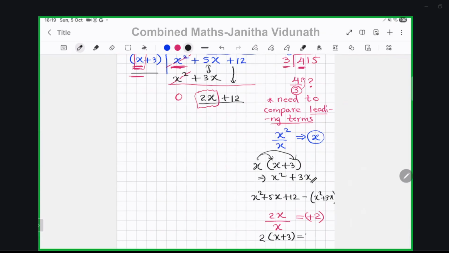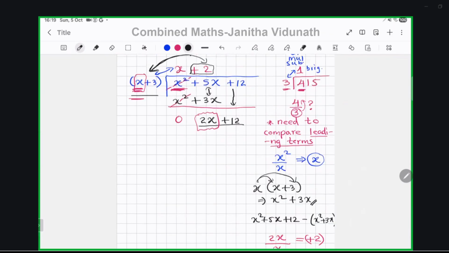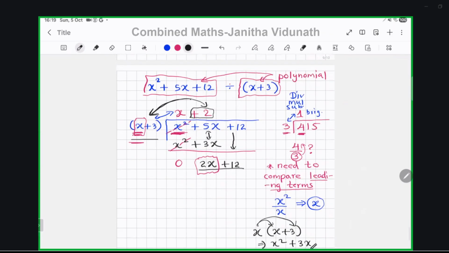That means we get 2x plus 6. Similarly, here plus 2 times x is 2x, and plus 2 times plus 3 is plus 6. Then we need to subtract those two terms. Then 2x is cancelled out and 12 minus 6 becomes 6.